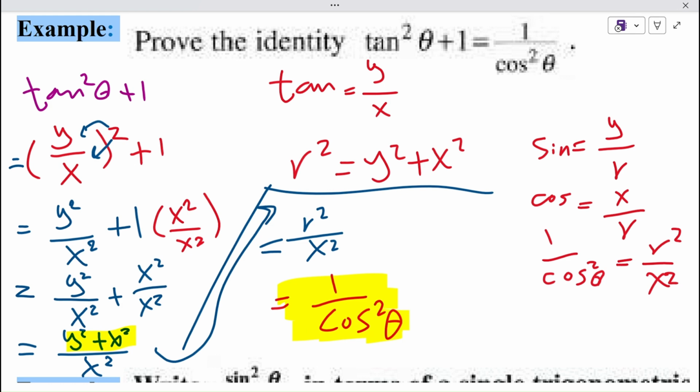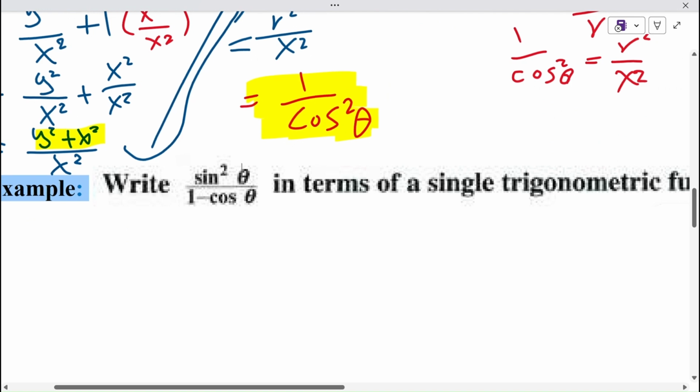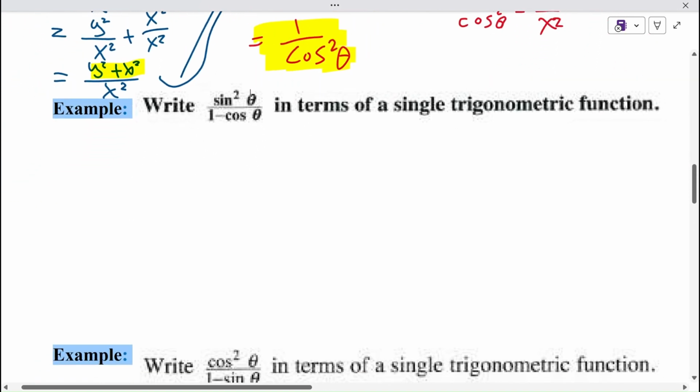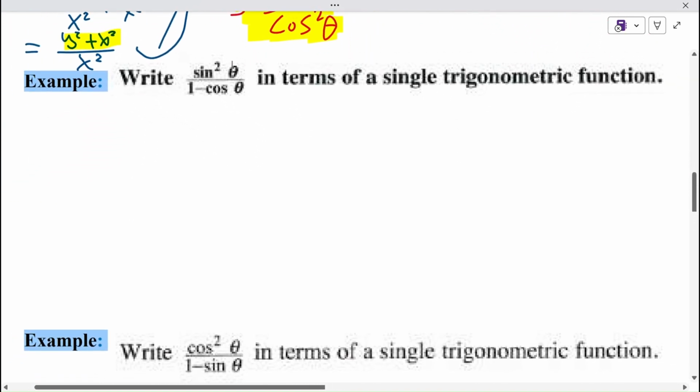What about this one? In this example, it said write sine square theta over 1 minus cosine theta in terms of a single trigonometric function.